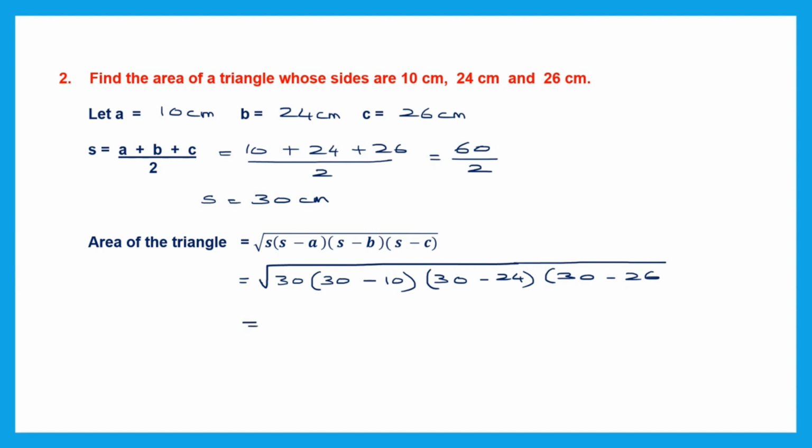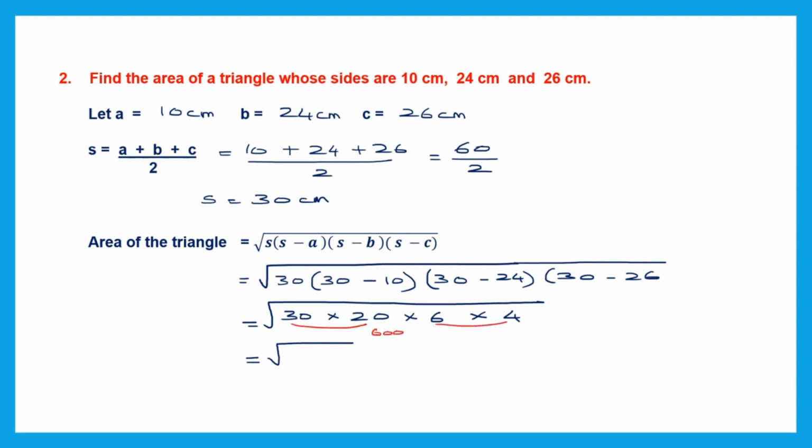Now let's simplify this. 30 into 30 minus 10 is 20, into 30 minus 24 is 6, into 30 minus 26 is 4. So we have to multiply all these and see what we get. So here, 30 into 20 is 600. And let's multiply these two. 6 fours are 24. So 600 into 24.